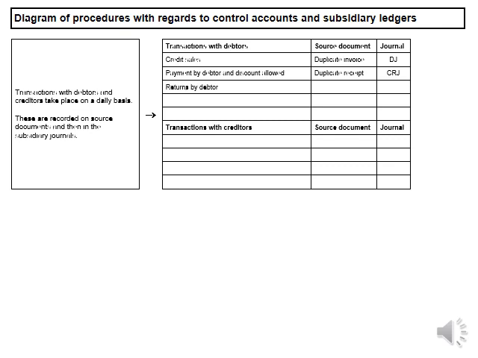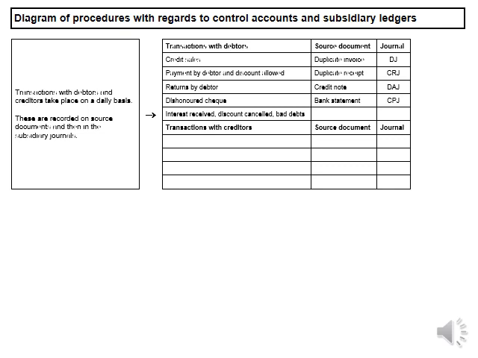Returns by debtors or allowances given to them will be a credit note and it will be recorded in the DAJ. Then a check: when a debtor paid, like the payment by debtors, that is recorded in the CRJ, but they paid by check and this check is then dishonored by the bank. Usually the bank statement is our source document and we will then cancel this check in the CPJ.